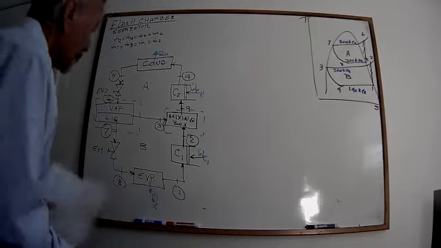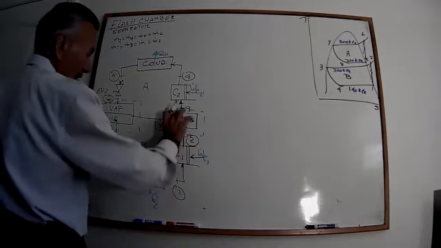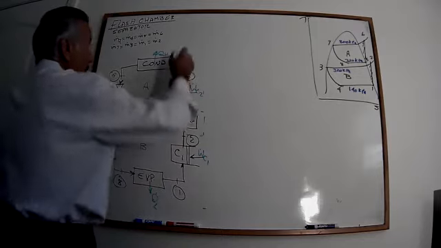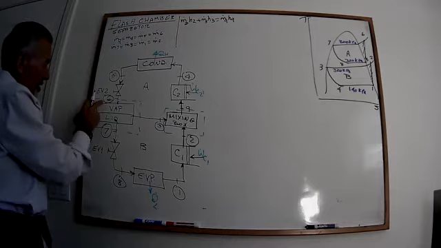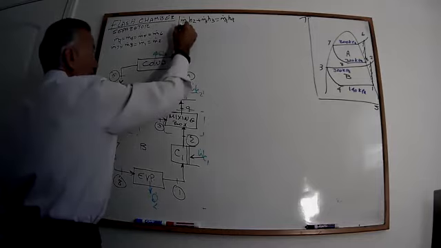Now, as far as the energy balance is concerned, I have M2, H2 going into this box, M3, H3 also going into the box, and it comes out at M9, H9. That's this side. Now looking here, I have M6, H6 coming in.